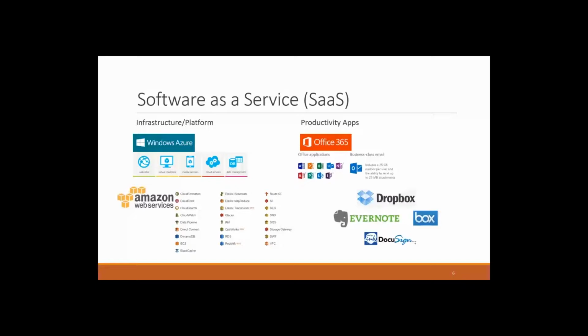And productivity apps. Office 365 just recently came out with a subscription-based model. I think it's like $100 a year, and you get the latest and greatest of all the Office products. And with enterprise Office 365 customers, they also get email, and also they get SharePoint and Lync, which saves a ton of infrastructure if you were to try to implement that on premise. Now, I'm not saying that that's how companies should work, or that companies are smart in doing that.